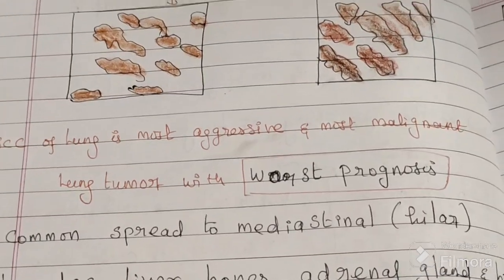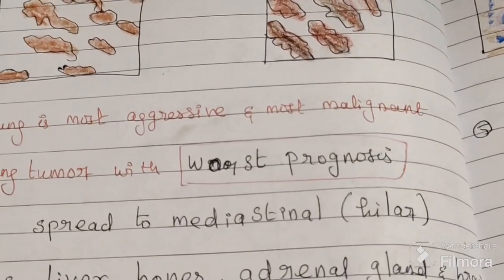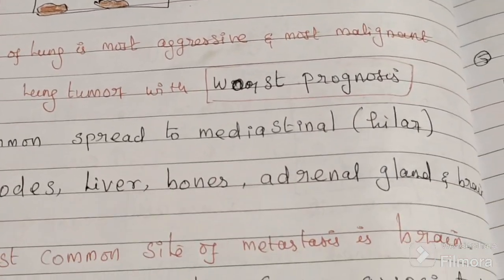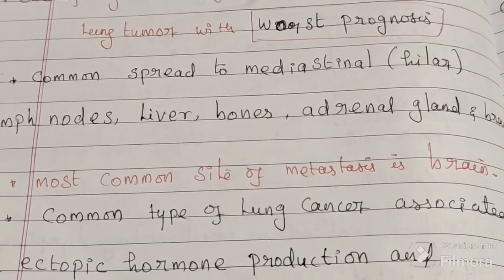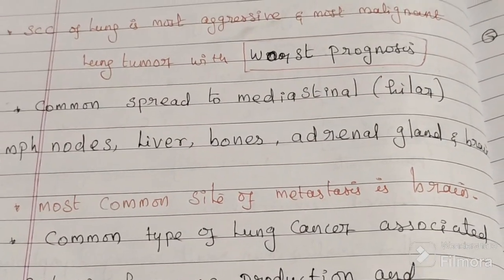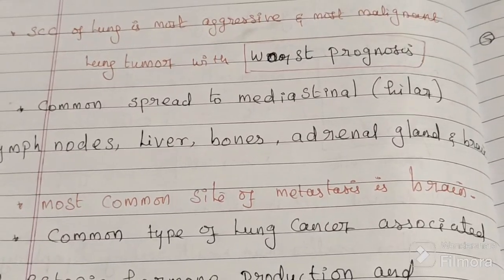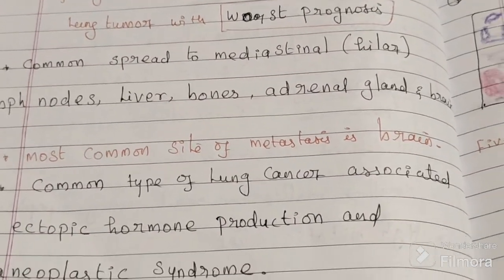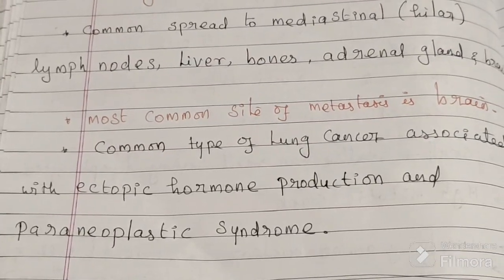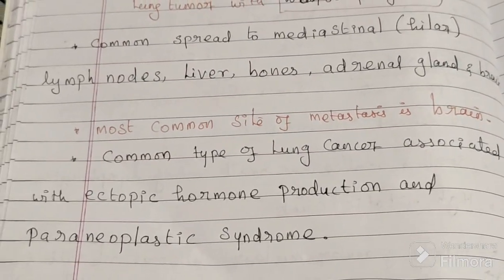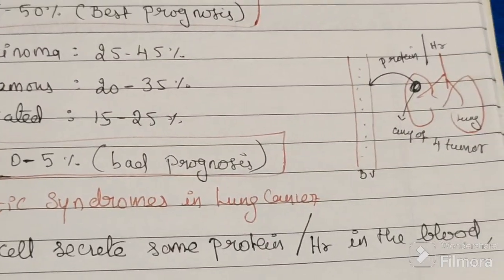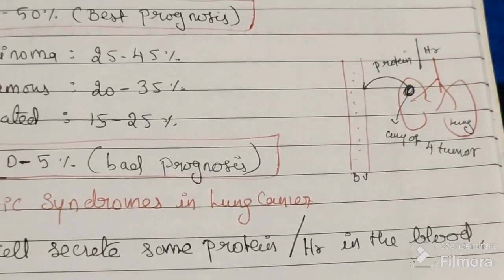Small cell carcinoma has the worst prognosis after squamous cell carcinoma. Metastasis is very quick in the brain, followed by the adrenal. Then here paraneoplastic syndrome is presented. What is paraneoplastic syndrome?